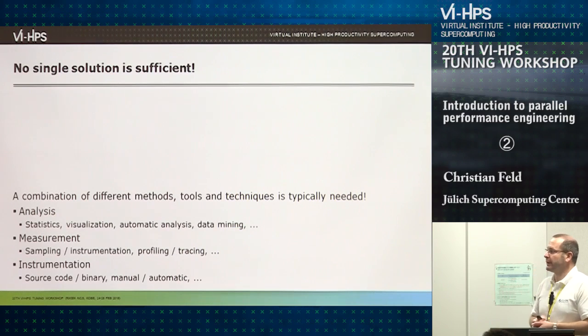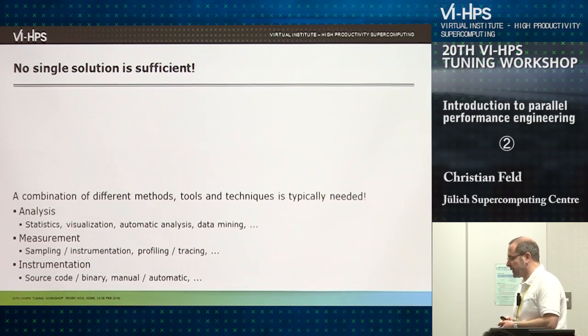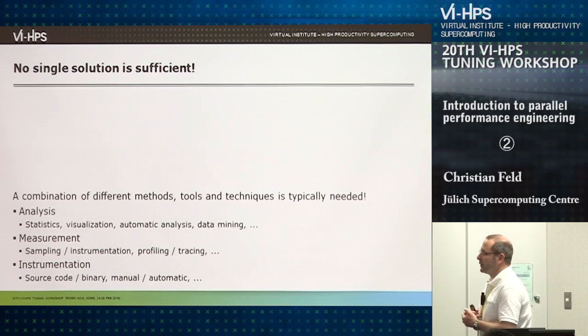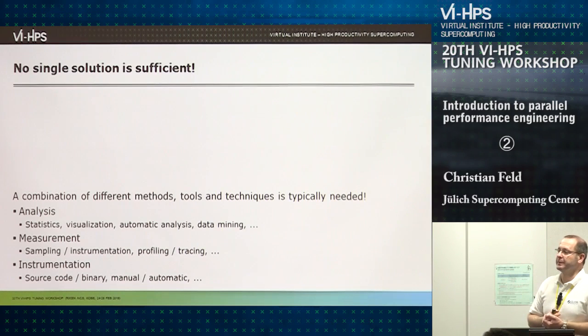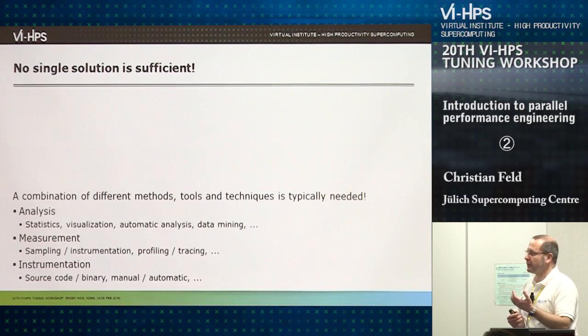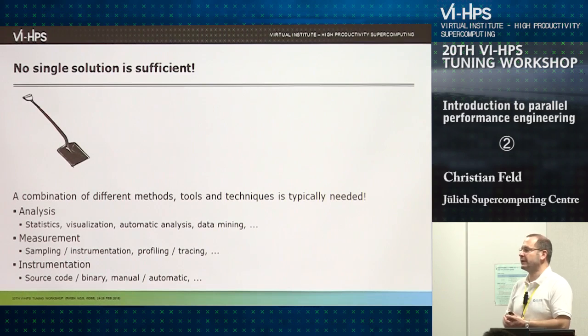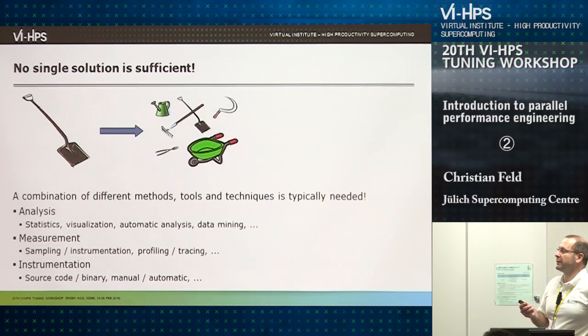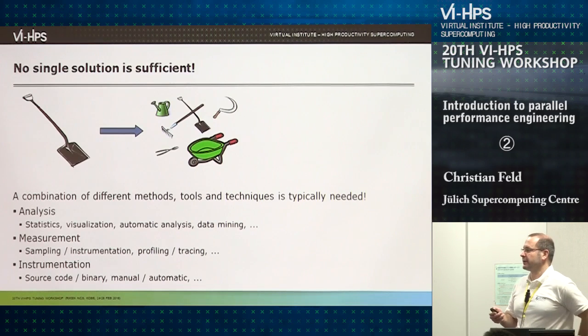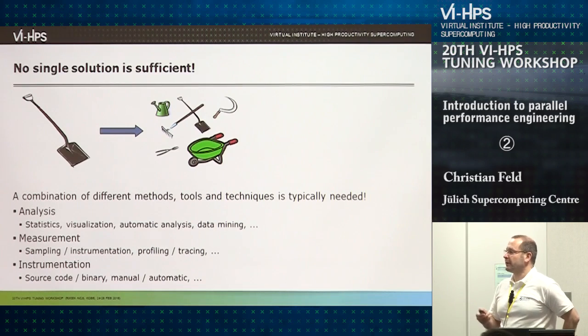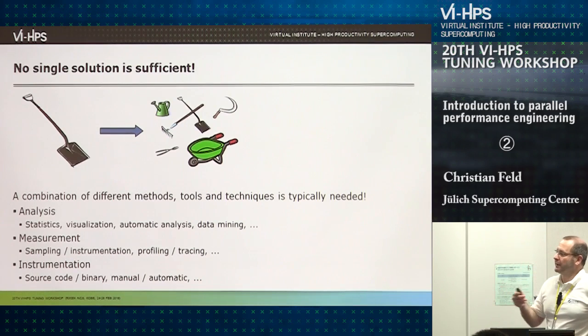Okay, but you need to keep in mind that you cannot get the most of the analysis with just one option. Usually you have to combine different things. For example, sometimes it's necessary to do sampling to reduce your overhead.